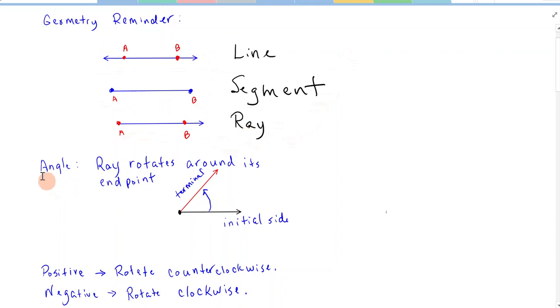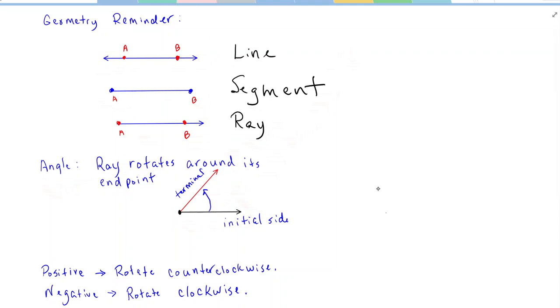Now, by definition, an angle is a ray that rotates around its endpoint. So it starts here at its initial side and it rotates and gets to a terminal side. So you have then an angle.